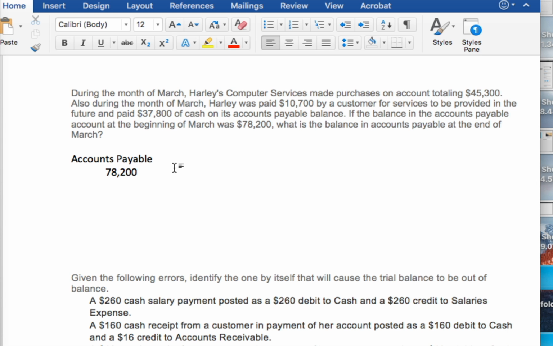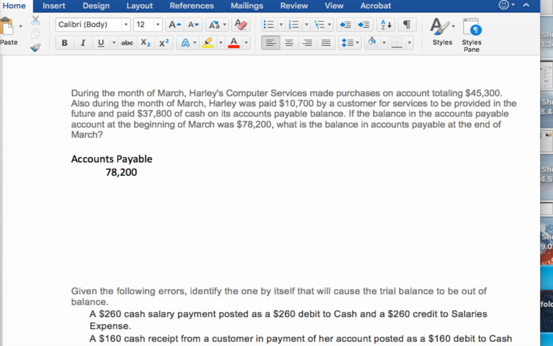So the first one, made purchases on account totaling $45,300. Purchases on account tells us we owe money; we purchased something, we didn't pay for it. So that first one is an addition to accounts payable. That goes on the credit side because it's a liability. You have to forgive the fact that I don't have an actual T here, but you can see I've indented for the credit side, and we'll put any debits to the far left there.